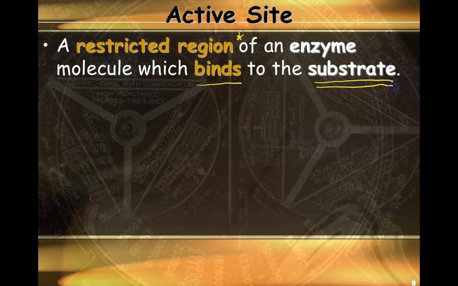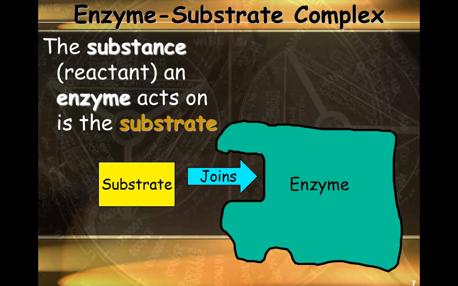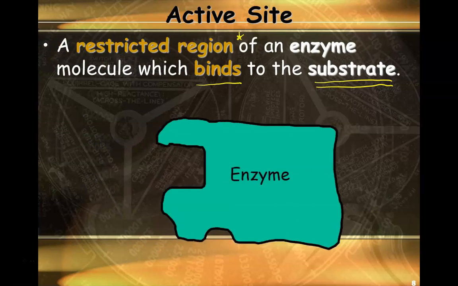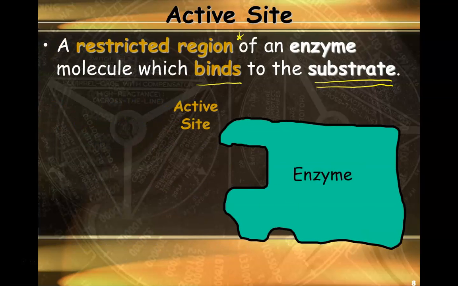So you can think of it as almost a lock and key. We have this lock, which is the enzyme, and the key is going to be the substrate that comes in and binds to that. So notice here we have our key, it's coming in and it's unlocking the potential for this enzyme to run the reaction. Let me go back here for a minute. So we have our active site here, and I would recommend in your notes, go ahead and draw that.